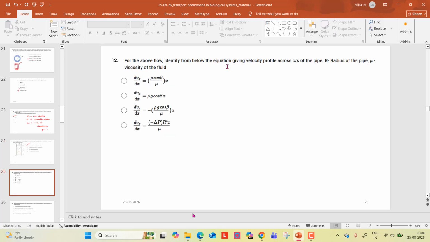So the velocity profile expression we have derived. But it is asking for stress of what?